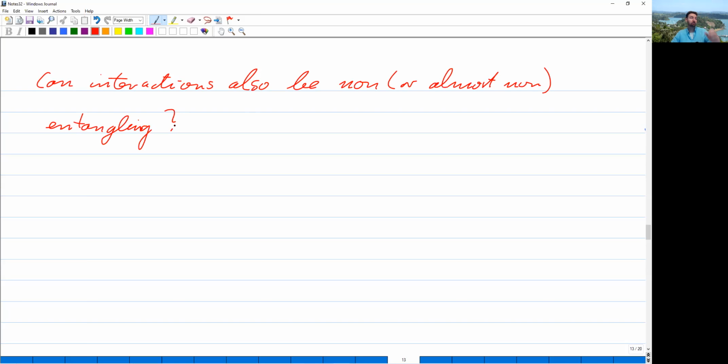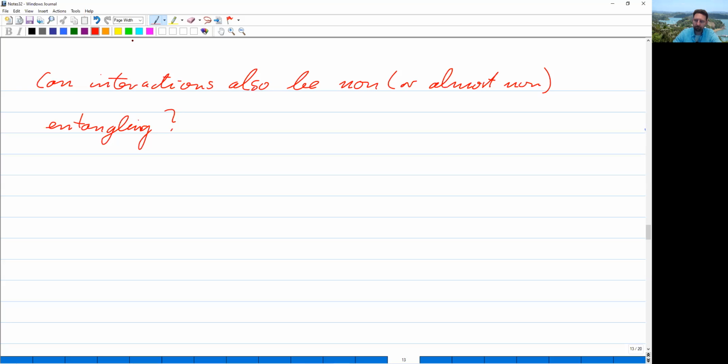You may wonder, what? No chance, right? Because we are generating with an interaction so many terms that entanglement is sort of programmed into it, right? I mean, how could it be that all these many terms that we get from the interaction Hamiltonian being exponentiated together with the free Hamiltonians, how could we possibly not have entanglement?